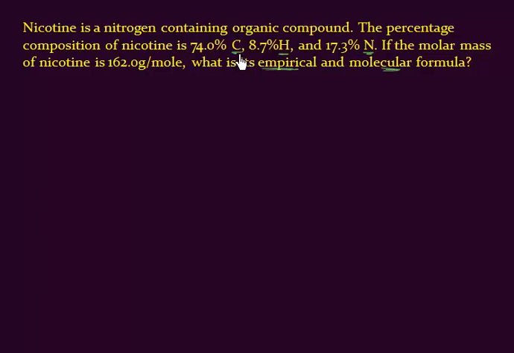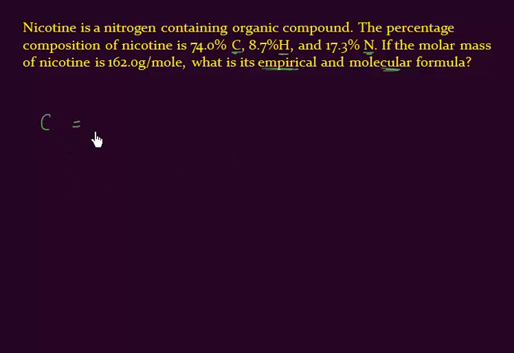It means that the percentage of carbon present in the nicotine compound is 74.0 out of 100%, or in other terms we can say the mass of carbon present in the nicotine compound is 74.0 gram out of 100 gram. Similarly, the mass of hydrogen will be 8.7 gram and the mass of nitrogen will be 17.3 gram in the compound. Well, here we know the mass of these different atoms.